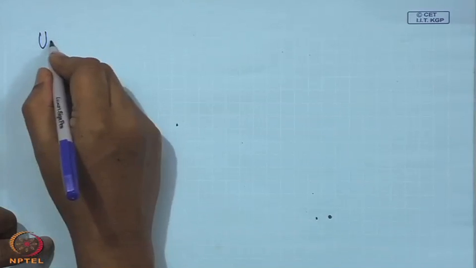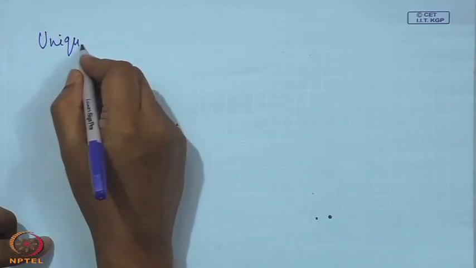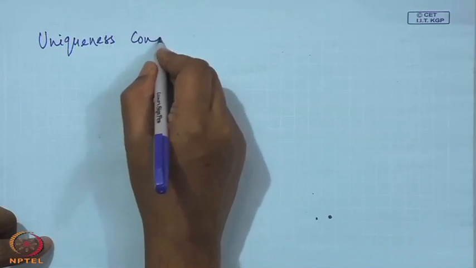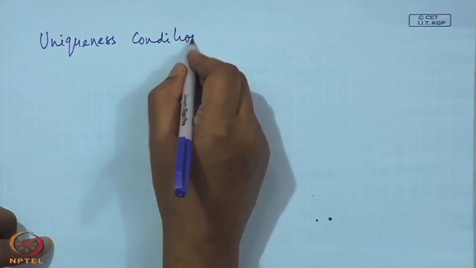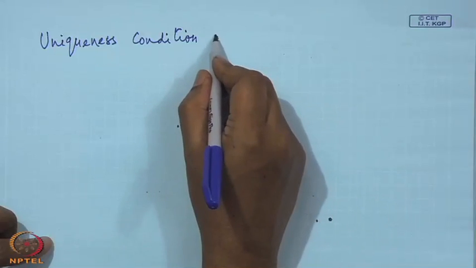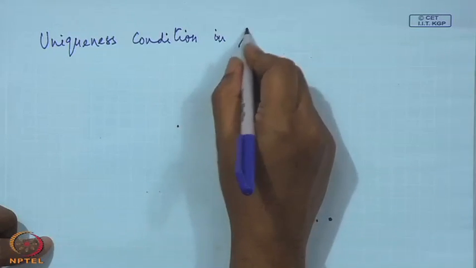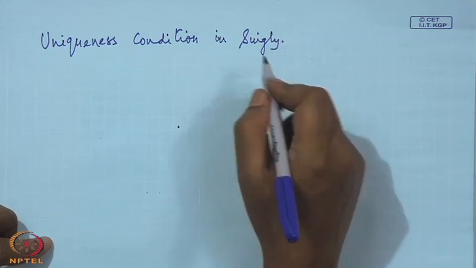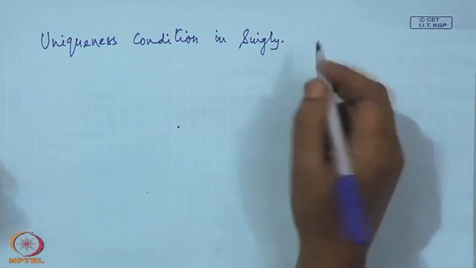First of all, we will consider a singly connected domain, uniqueness condition in singly connected domain. Then we will go for multiply connected domain. It is also called simply connected domain, singly connected domain as well as simply connected domain.